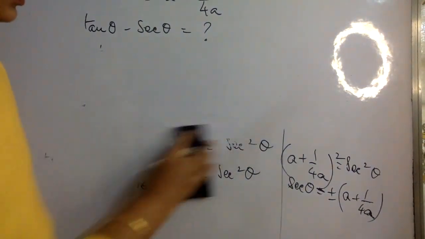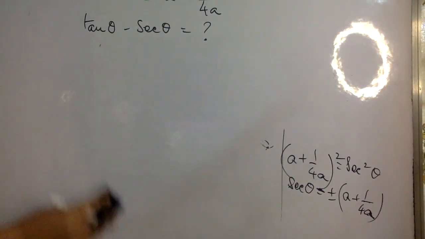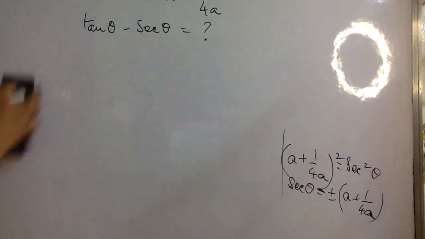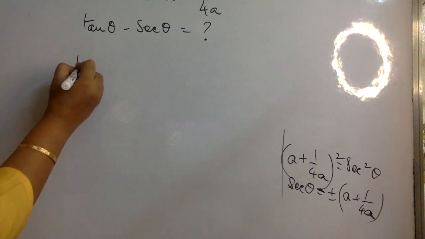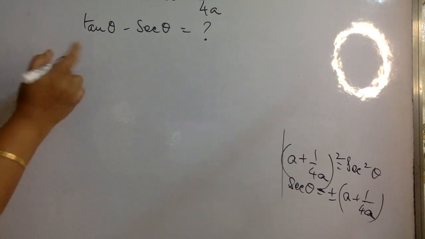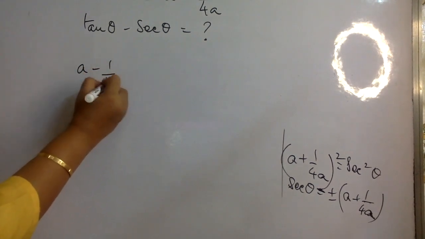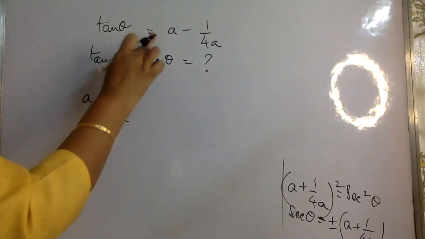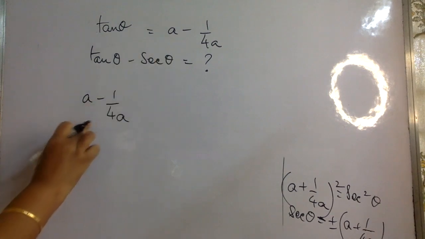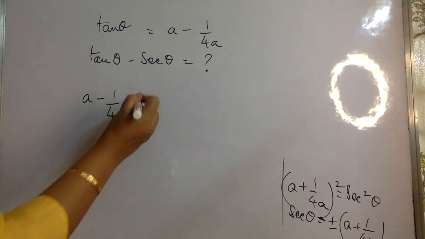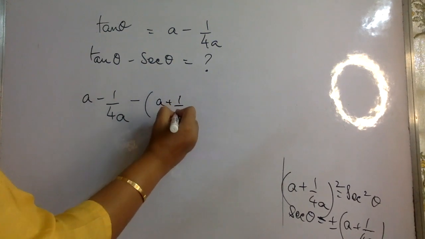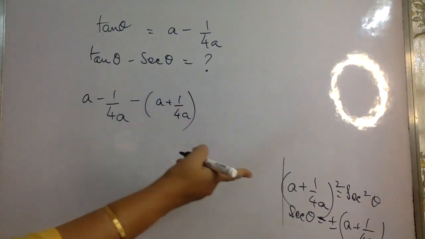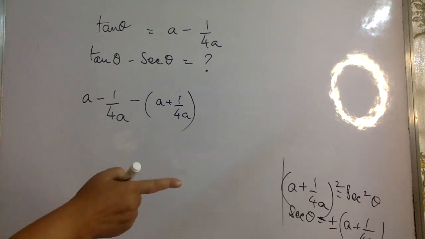So here this is a minus 1 by 4a. For this tan theta, I just substituted this value. Now for the sec theta, I am going to take the plus one first, a plus 1 by 4a.